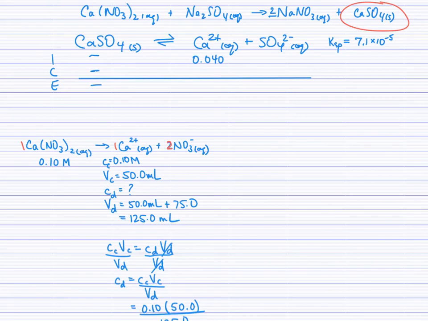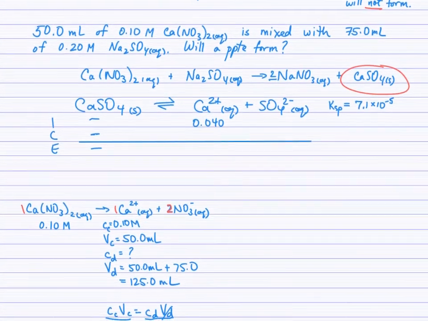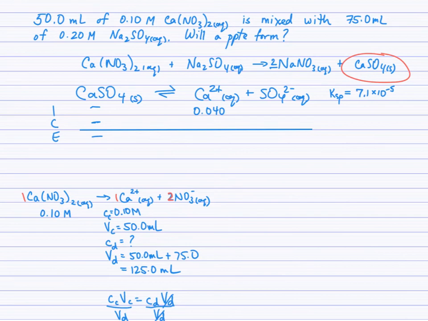Okay, now we repeat and do the same thing for the sulfate ion. So the sulfate ion came from the 75 mils of the sodium sulfate. And so I start with the sodium sulfate dissociation equation that dissociates into 2 sodium ions and 1 sulfate ion. The initial concentration there of the sodium sulfate was 0.20 moles per liter, and following the mole ratio, I'm interested in the sulfate, so I'll jump all the way over to the sulfate.